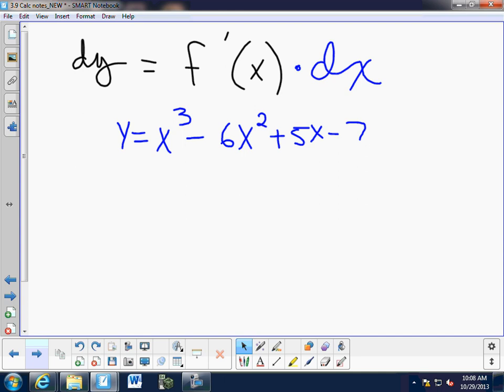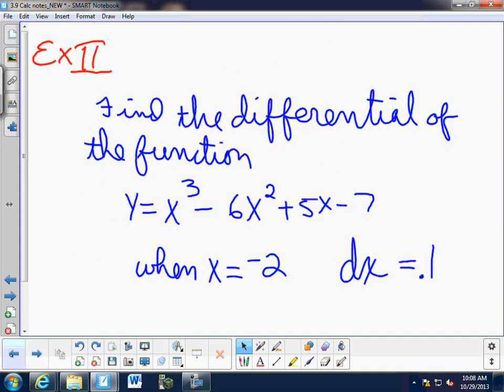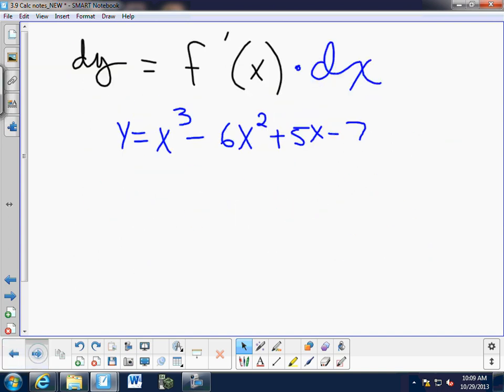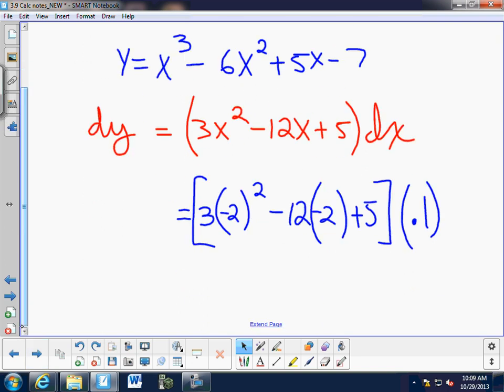And so I need f prime, so take a derivative. And what was the point I was at when x is -2? So now, plug in the -2. Plug in the 0.1, the dx. And whack away at it.